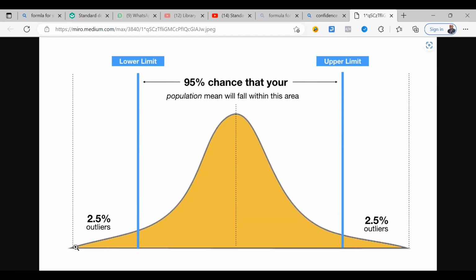So that is why your p-value, if you remember when we said the p-value is less than 0.05, this is what we are talking about. That means the chance of the results falling outside this range is less than 5%.